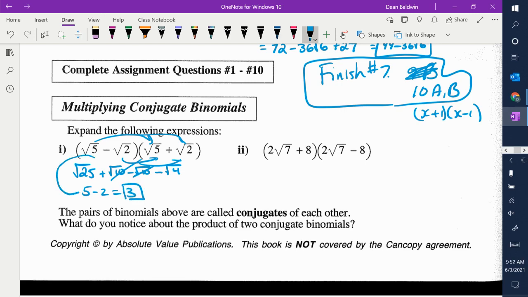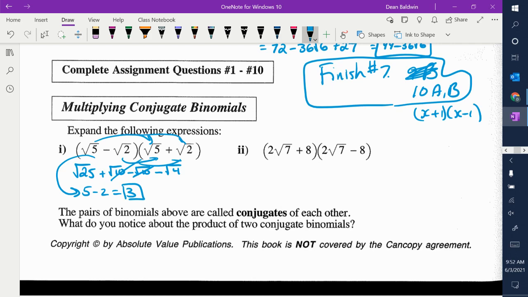What would have been the shortcut to go from there to there? You cut out the middle part. If you see this, it's awesome because it'll save you time, but you don't have to do this. If you recognize when you're multiplying conjugates, it's the first term squared.